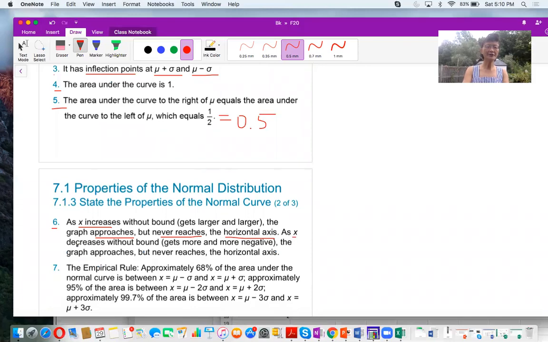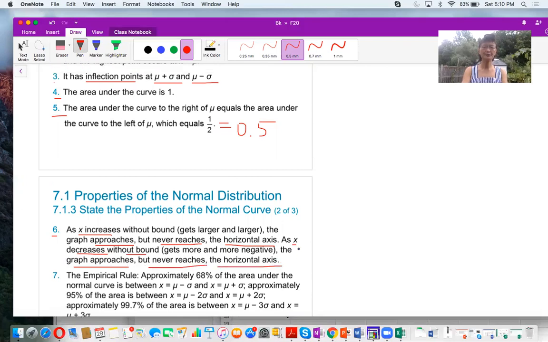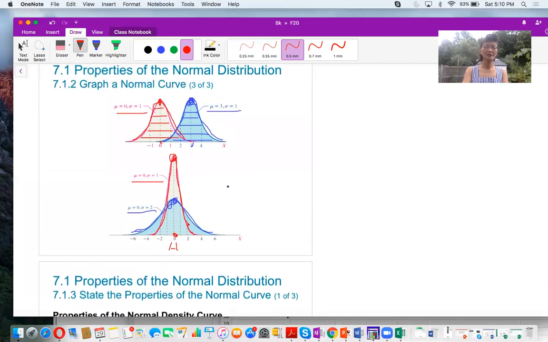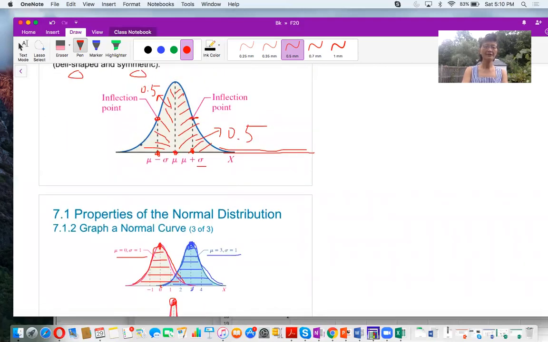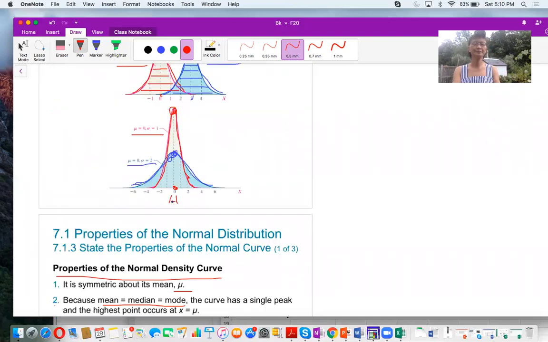As x decreases without bound, the graph also approaches but never reaches the horizontal axis. It never touches the x-axis.